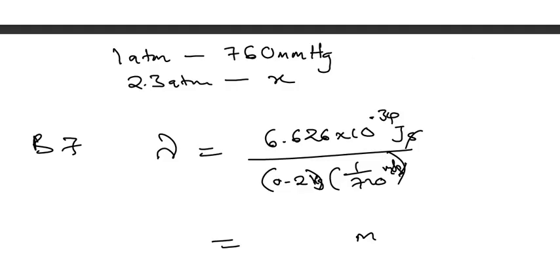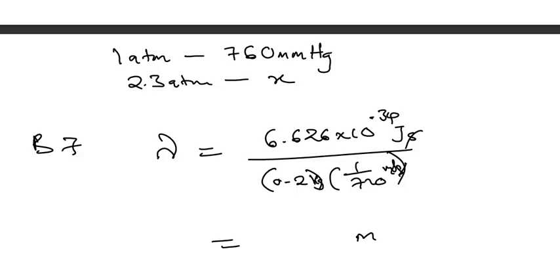So here you're going to divide. We're saying 6.626 times 10 to the power negative 34. That's the Planck's constant. Divided by 0.002 times 1 over 720. That's the answer.